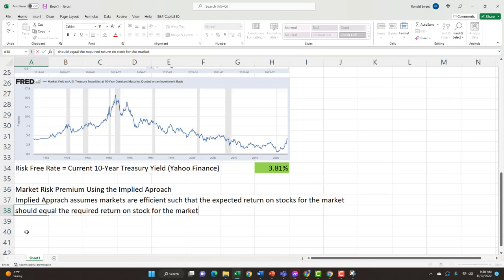If they're expecting 8%, but the market requires 10, stocks are going to sell off until the prices are low enough to give you that 10% that you require. So that's the key. The market risk premium equals the required return on stocks minus the risk-free rate.